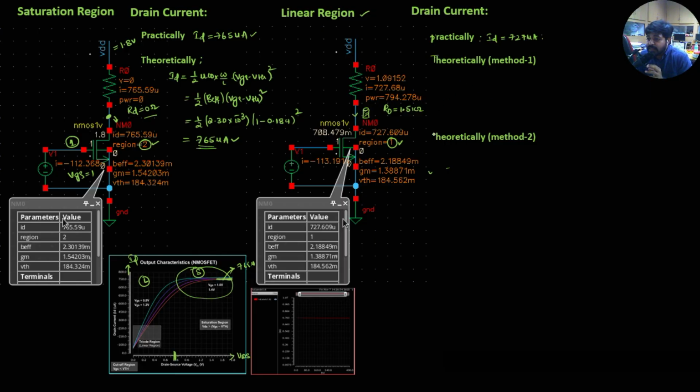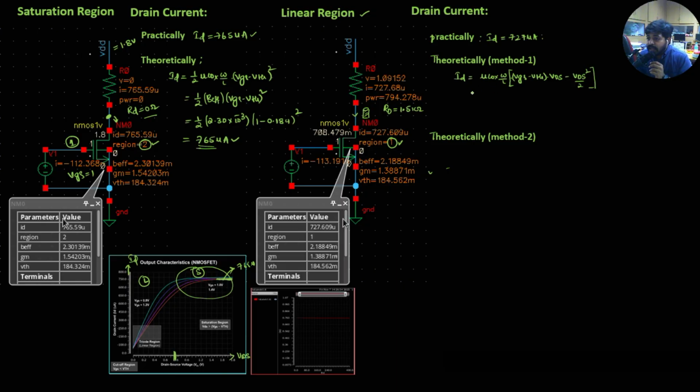As we know, the current equation for the transistor in the linear region of operation is mu COX W by L times (VGS minus VTH) into VDS minus VDS whole square by 2. This will be the current equation.